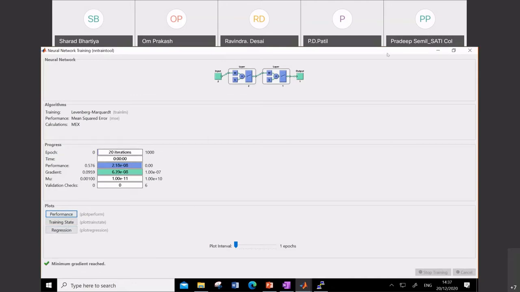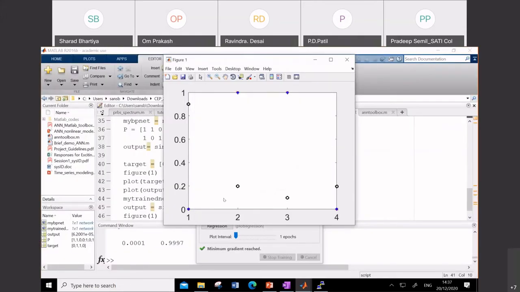So let's see how well it has performed. And these are, so the red circles were the targets, and this blue cross are my trained network, and the black circles are the untrained, the initialized neural network. So you can see that initially the four outputs, one was over here, the first one, second was here, third was here, fourth was here.